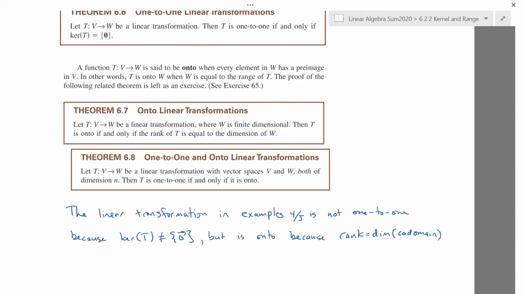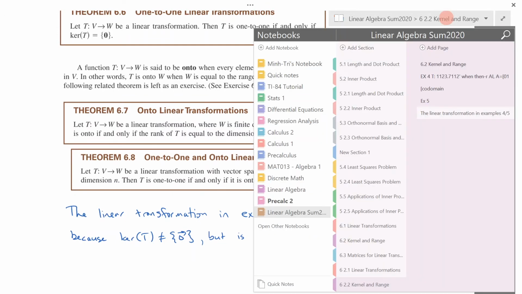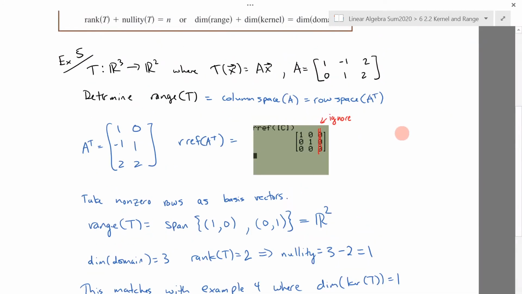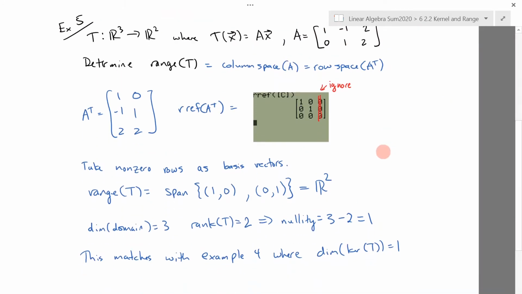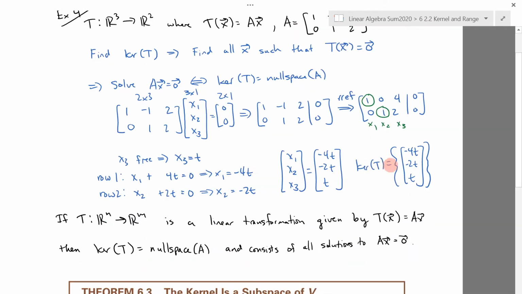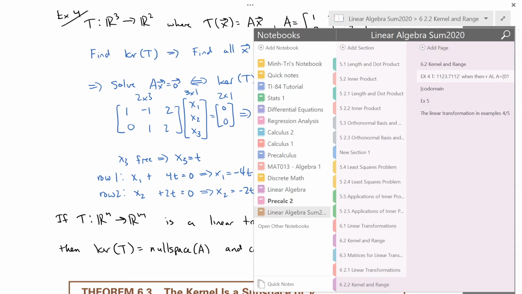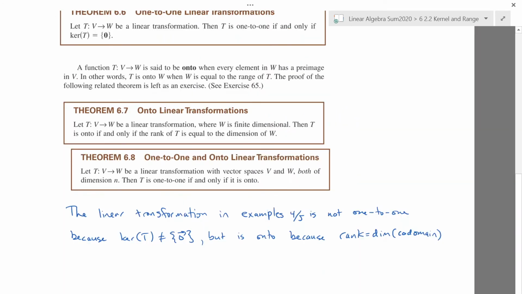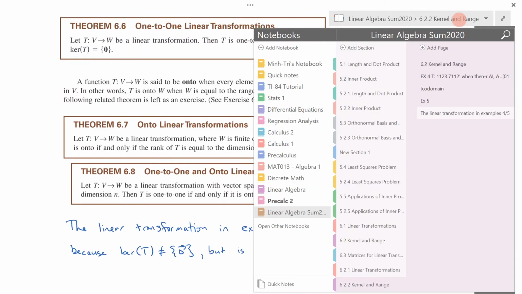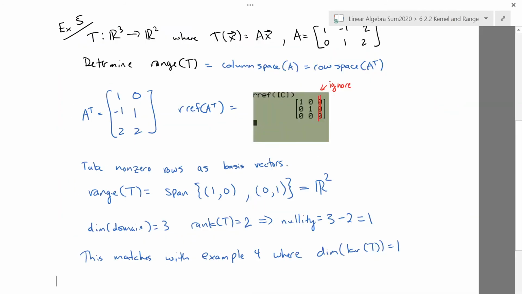If we look back at the linear transformation examples 4 and 5, in example 4, we see that the kernel is not just the zero vector, so that means it's not one-to-one. In example 5, when we calculated, the rank was 2.